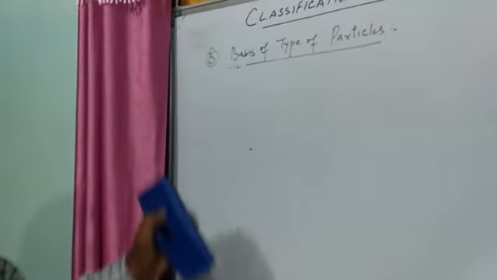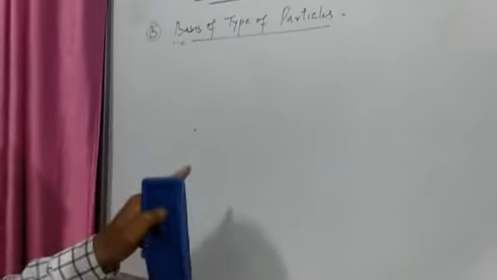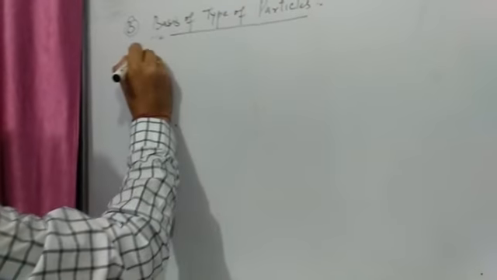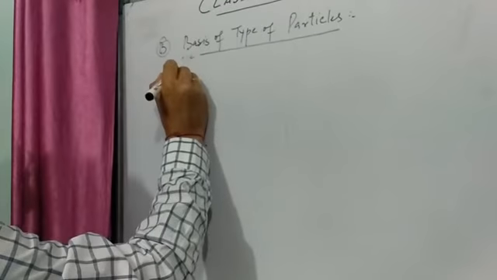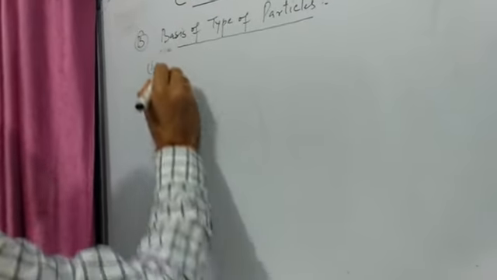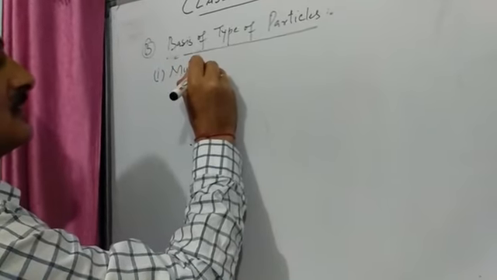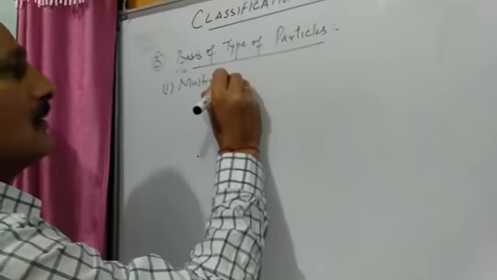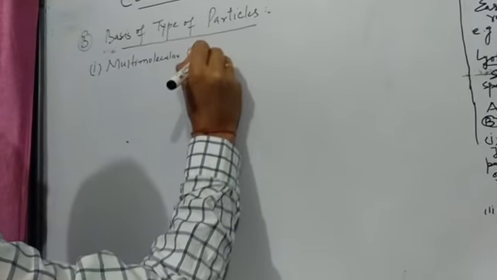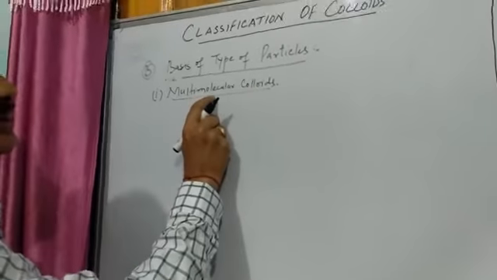Now on the basis of type of particles, there are three types, but here we shall be discussing only two. One is multi-molecular colloids. Now by molecule we mean particle.